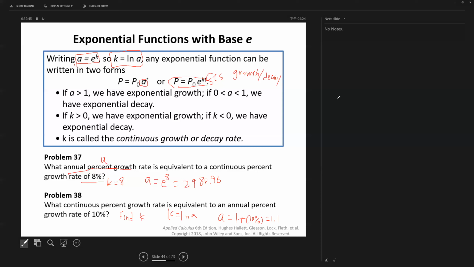So k is ln of 1.1, which is 0.0953. And that's it. Usually the question will tell you whether they are looking at annual growth or decay rate, or continuous growth or decay rate. Rarely would we convert between annual and continuous growth rate.